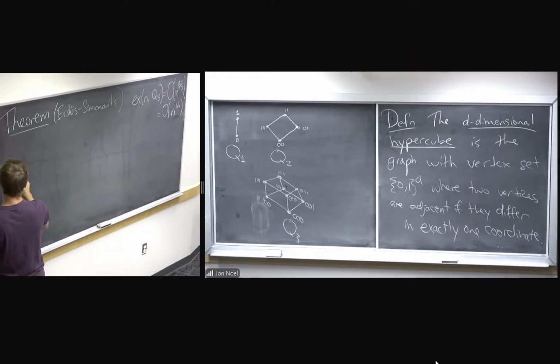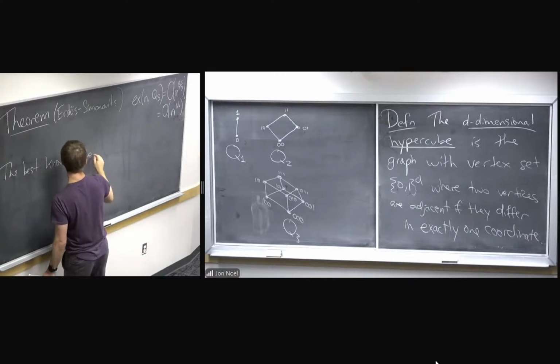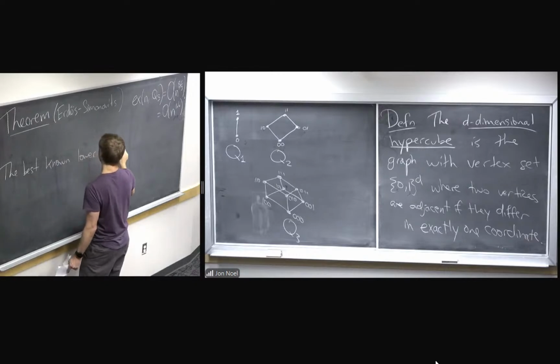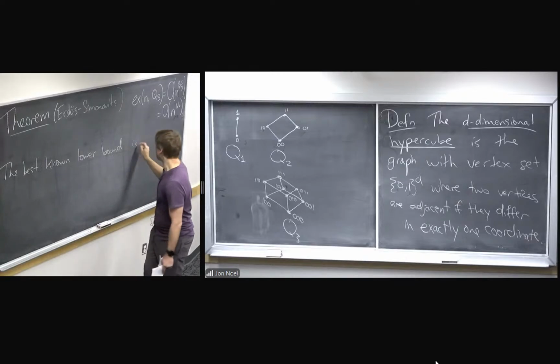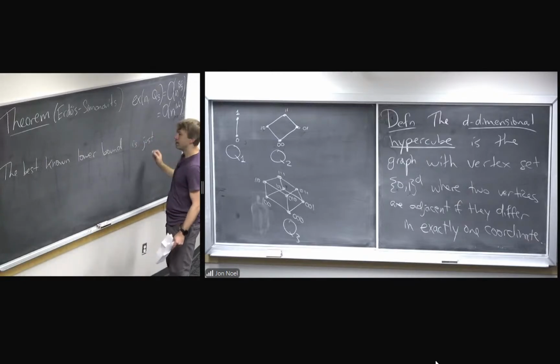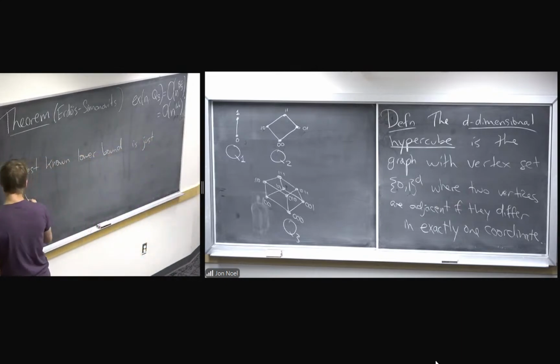the best known lower bound, at least up to a constant factor, comes from the fact that if you have a graph that doesn't have any C4s, then it won't have any cubes, because the cube has 4-cycles in it.